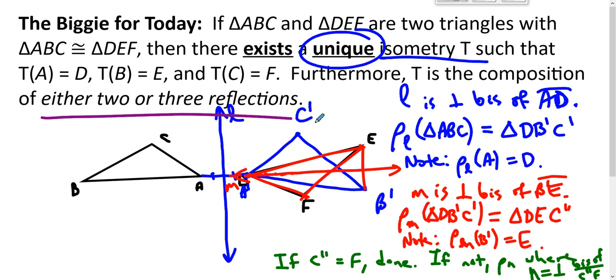And if there was 1 reflection, well, 1 is 3 for the same reason. So the biggie for us today is if you have 2 triangles that are congruent, then 2 or 3 reflections takes one to the other. And that's a nice thing to have in your toolbox.